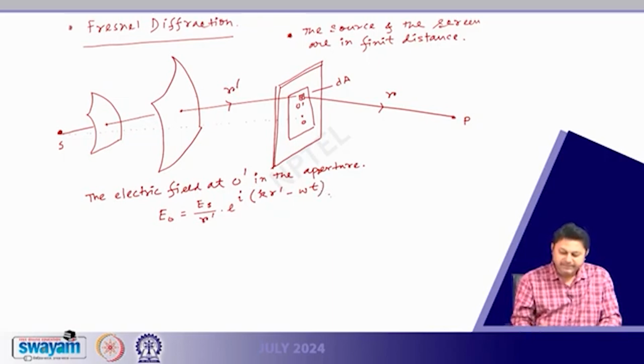Note that this is a spherical wavefront, that is why the 1 by r prime term is there, which was not there before in the case of Fraunhofer diffraction problems.